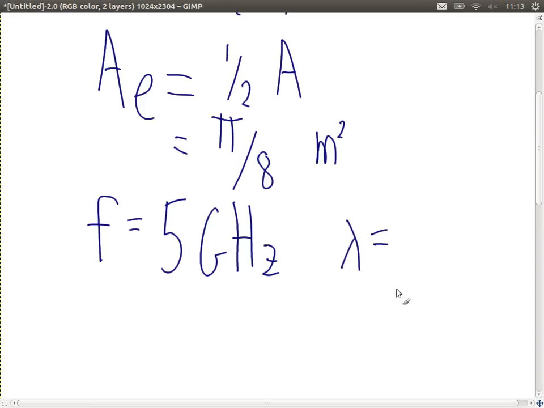What's our wavelength? Anyone calculated the wavelength yet? Remember, frequency of 5 gigahertz, speed of light, 300 million meters per second. Three by 10 to the 8.